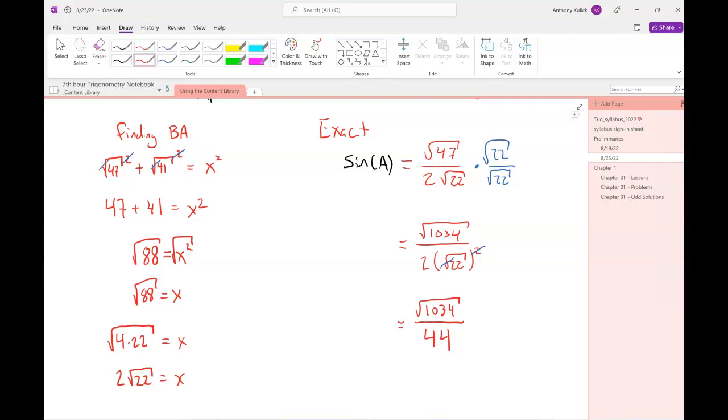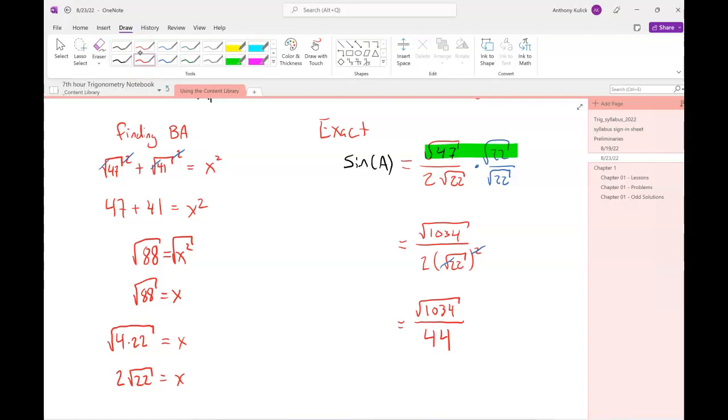So I know 1,034 is reduced. I do, and it is. Let's explain why. The easiest place to make that observation is back here. I recognize 47. That's a prime number.